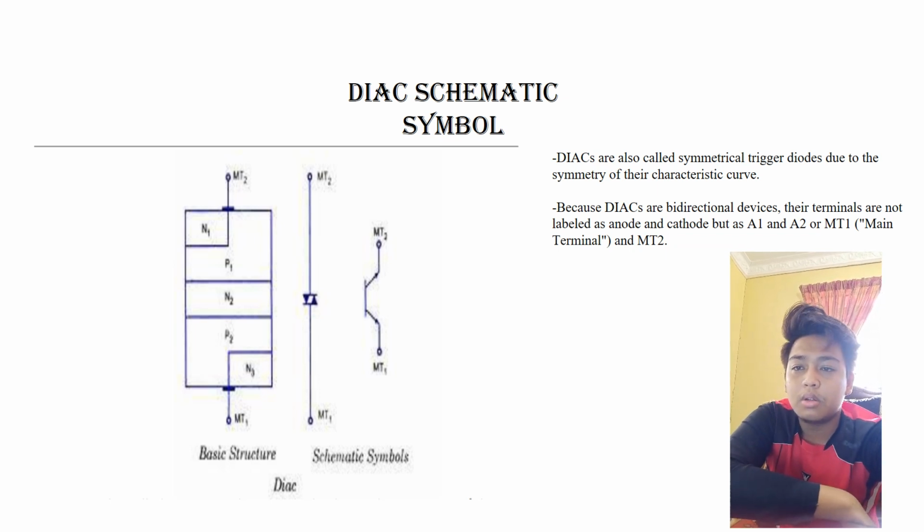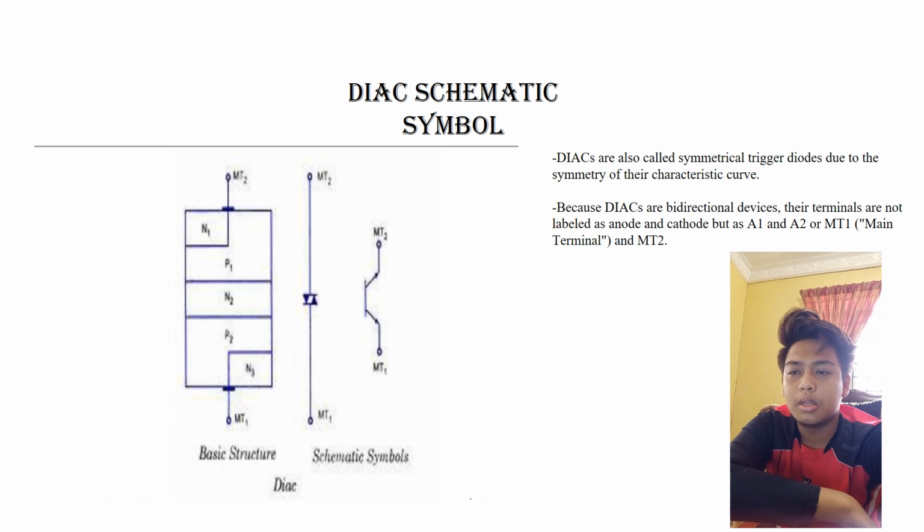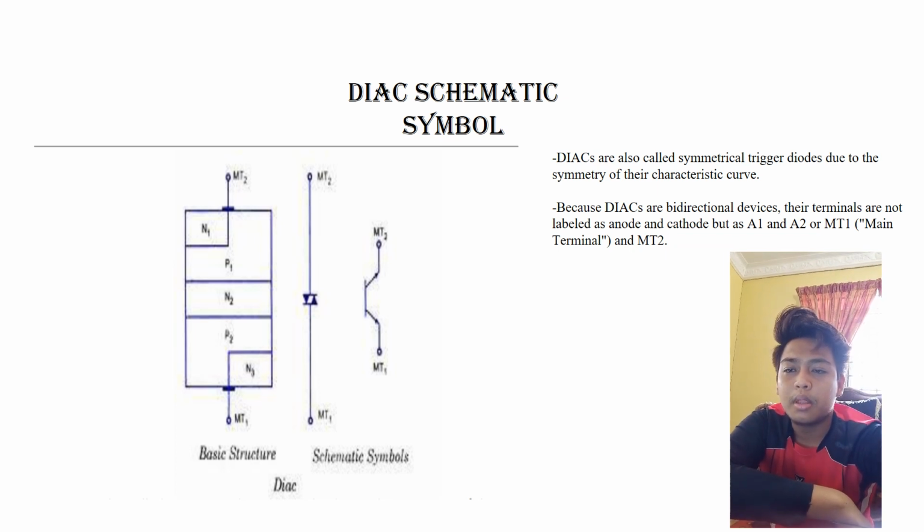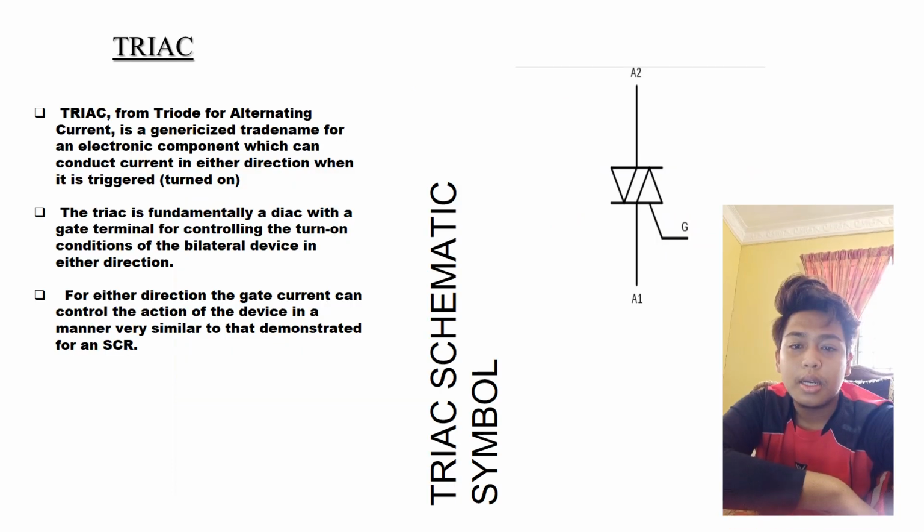DIACs are also called symmetrical trigger diodes due to the symmetry of their characteristic curve. Because DIACs are bidirectional devices, their terminals are not labeled as anode and cathode but as A1 and A2, or MT1 main terminal and MT2.